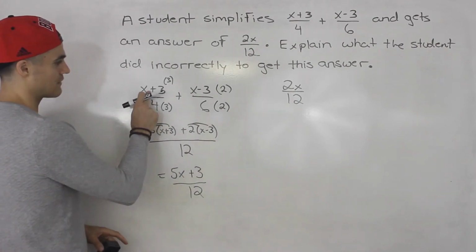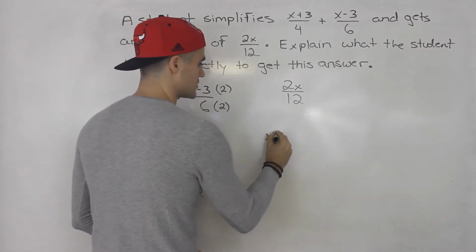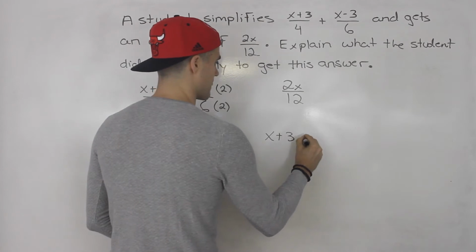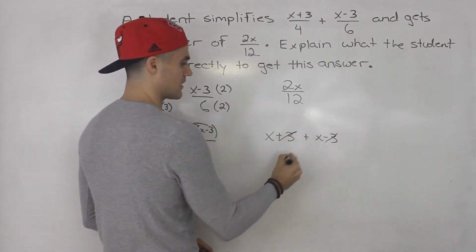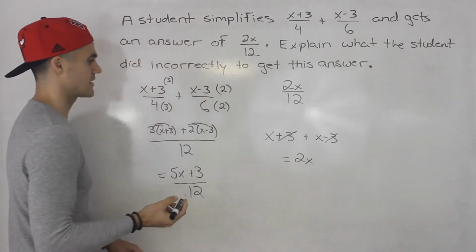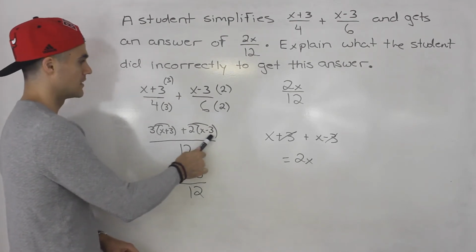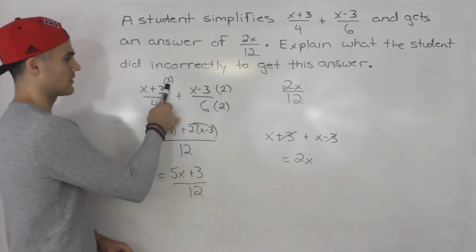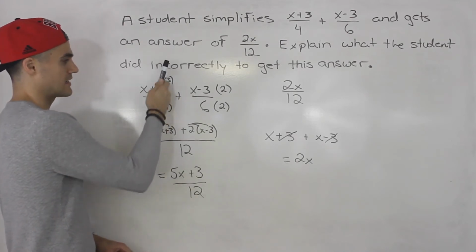Well, if you notice, they have x + 3 plus x - 3. And if you simplify that, notice the 3's cancel out and you end up with 2x. So what was their mistake? Well, they got the lowest common denominator, but they didn't multiply the numerator by the constant in order to make an equal fraction.